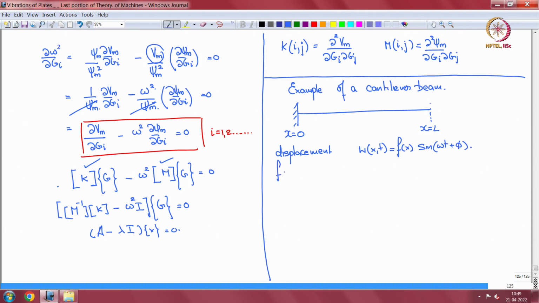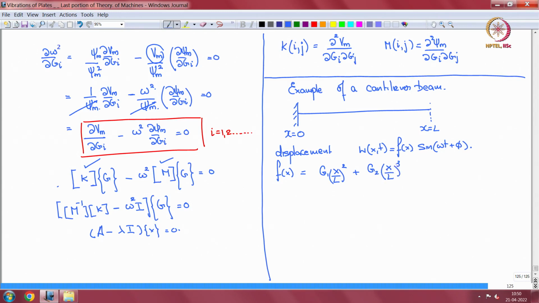So what is f of x? As an example I will choose a small number of terms: g1 x over L whole squared plus g2 x over L whole cube.